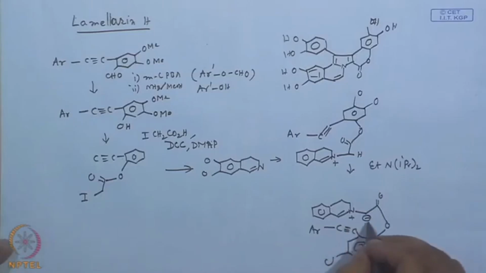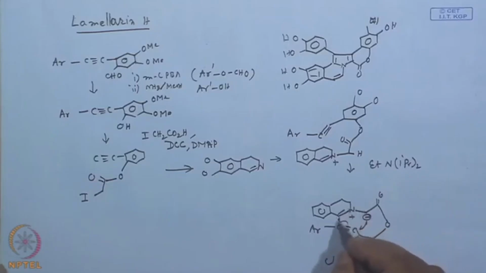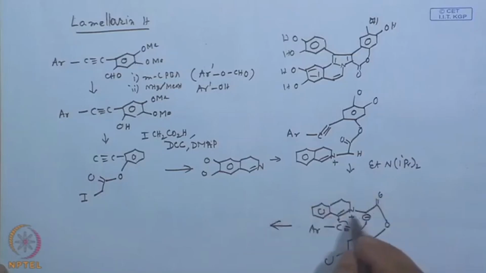So, this will undergo, you see here the triple bond is not a very activated one, neither does it have any electron withdrawing groups, nor is it otherwise activated. So, under the condition this reaction takes place and it forms the pyrrole ring. If you write the pyrrole ring, then you will have a product without the double bond up here.